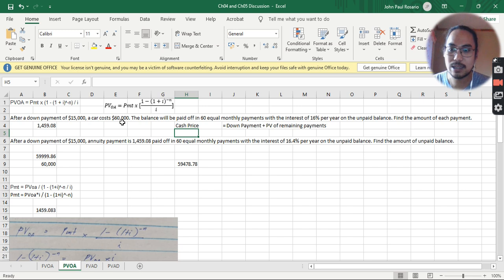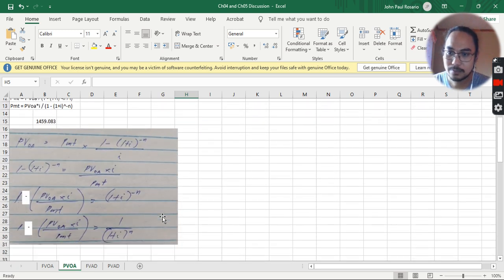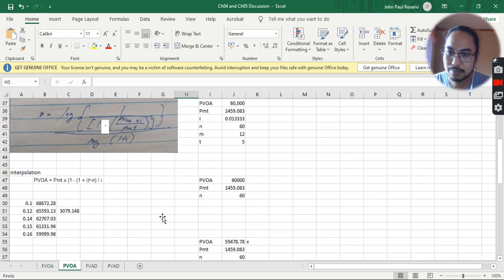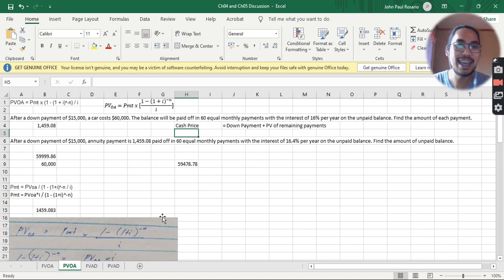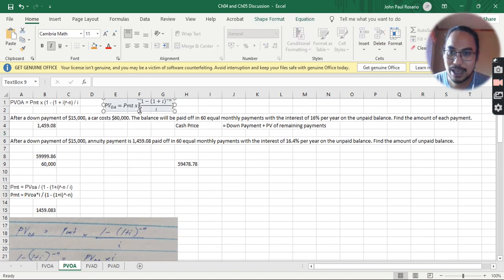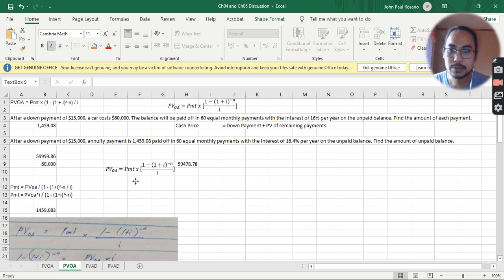So for the payment, guys, where do we solve the payment? Okay. For the payment, we simply have to, oh, I haven't pasted it as a photo yet.